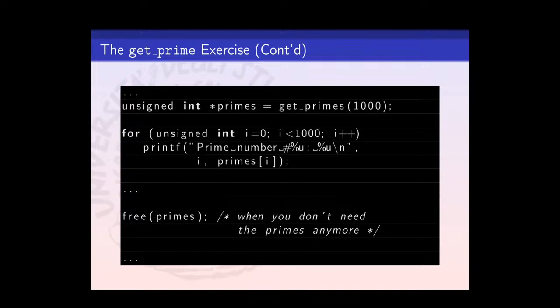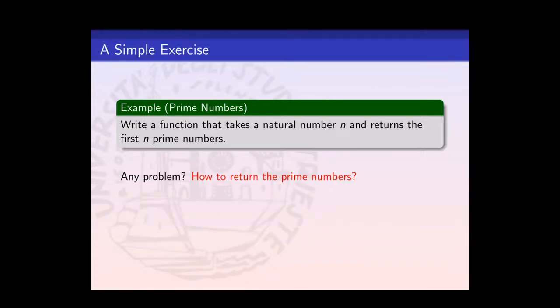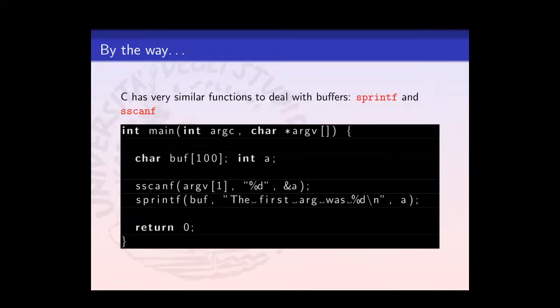Let me go back. Oh, here we are. With the third line in this piece of code, I'm basically reading the second parameter of the command line and turning it into a value, which will be stored into the variable a.